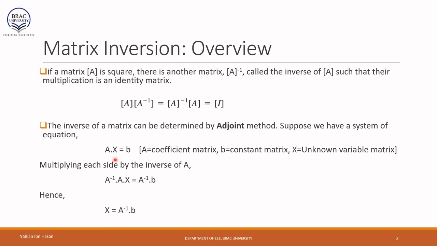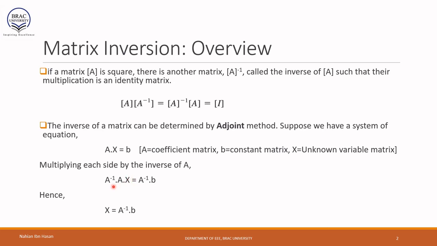If we multiply by the inverse of A on both sides of this equation, then on the left hand side we have A inverse times A times X equal to A inverse times B. On the left hand side, the multiplication of A inverse and A should be an identity matrix. And if you remember, if we multiply any matrix with an identity matrix, the result is the same matrix.